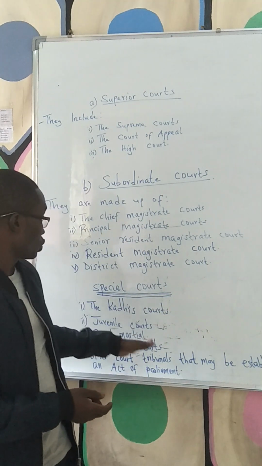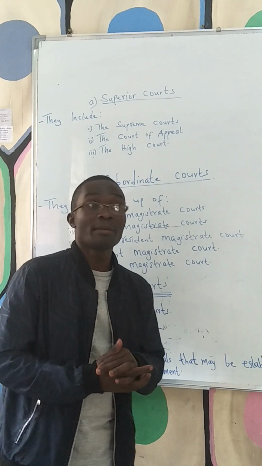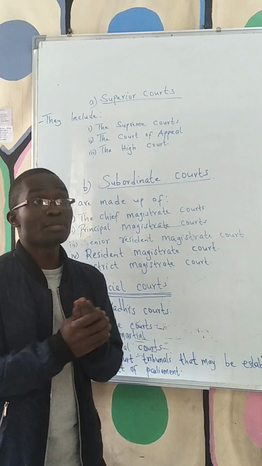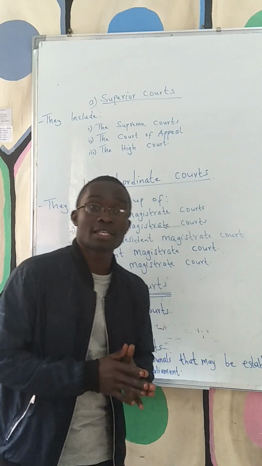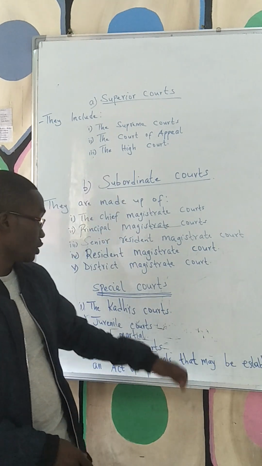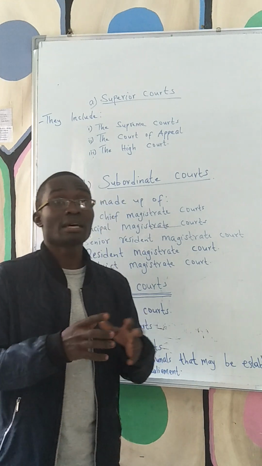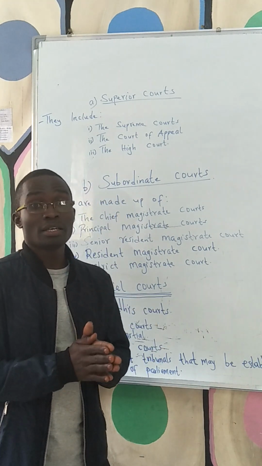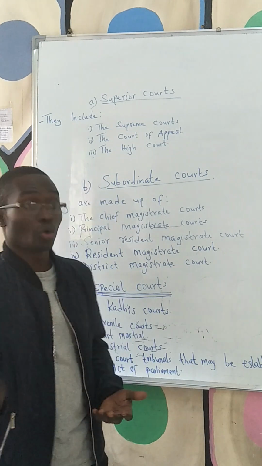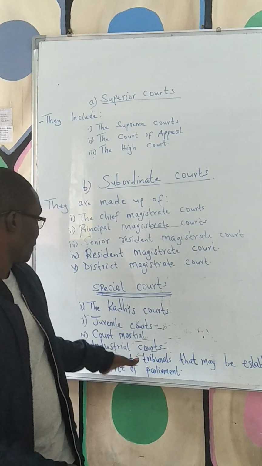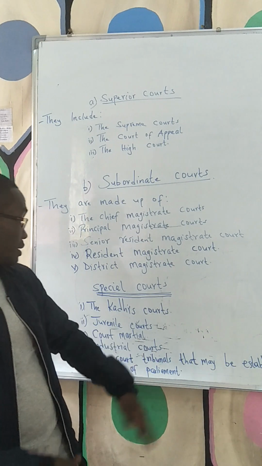Then we have the court martial. Court martial determines cases related to discipline among the Kenya Defence Forces. Then the industrial court determines cases between the employer and employee. Then we have the other court tribunals.